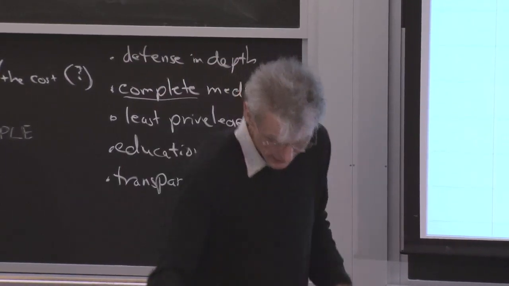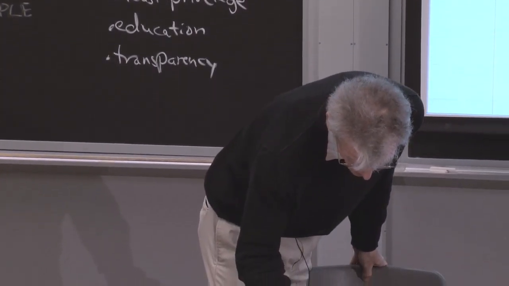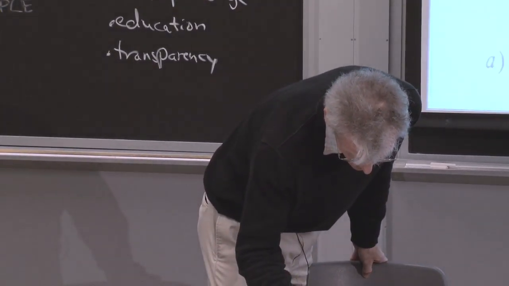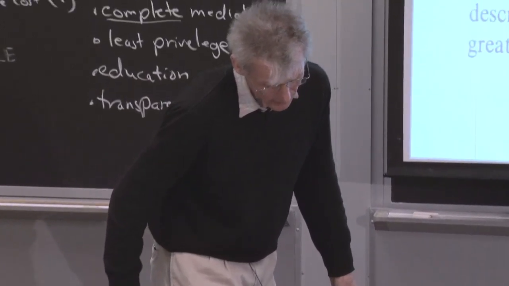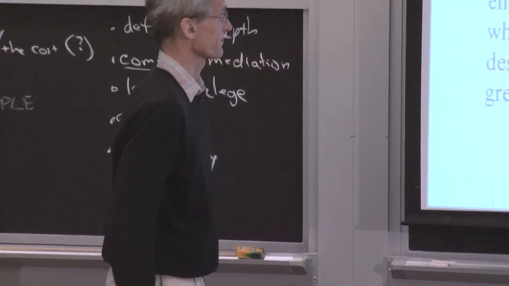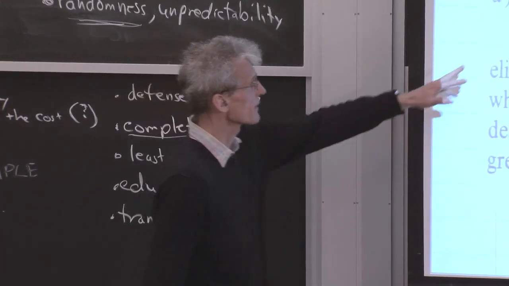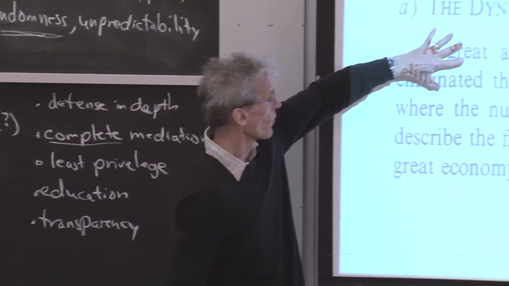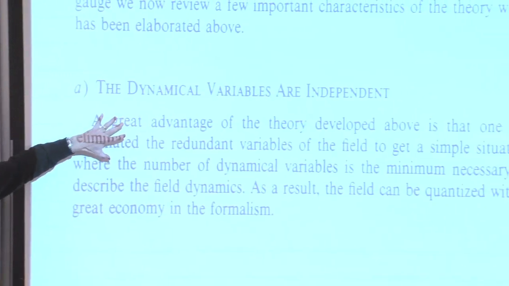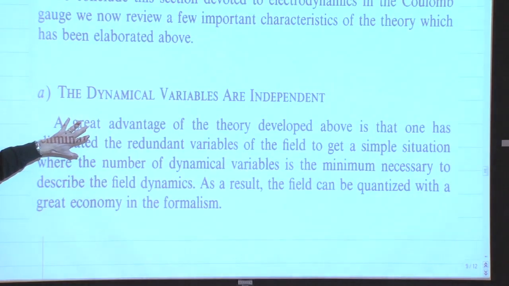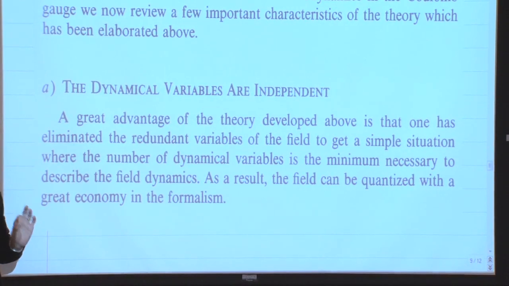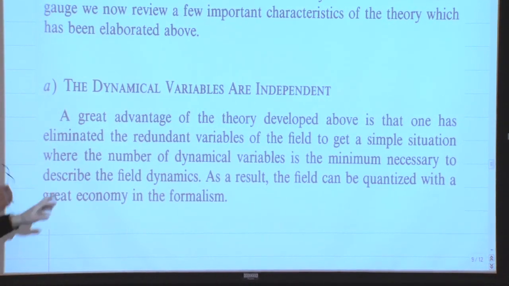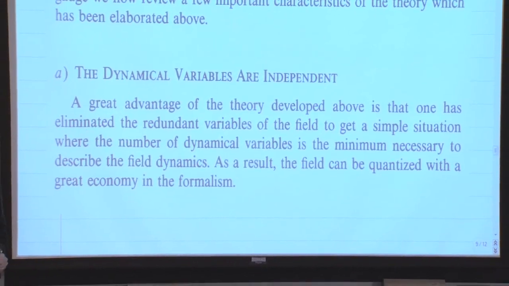What this book will emphasize, and this is what I want to tell you in closing about the quantization of the electromagnetic field, is the following. That we were really working hard with classical field equations to describe the electromagnetic field classically by completely eliminating redundant variables.